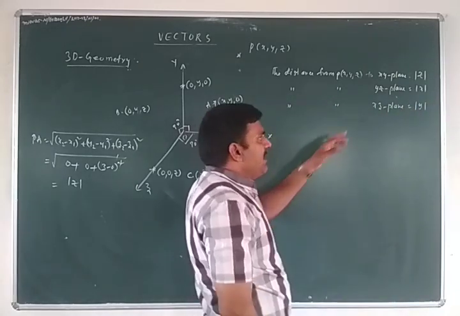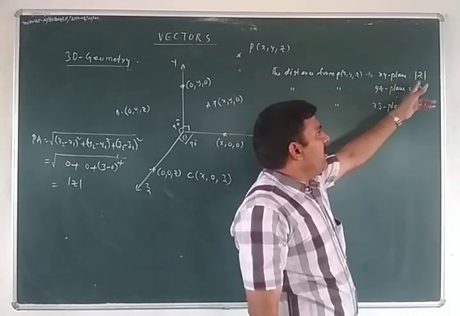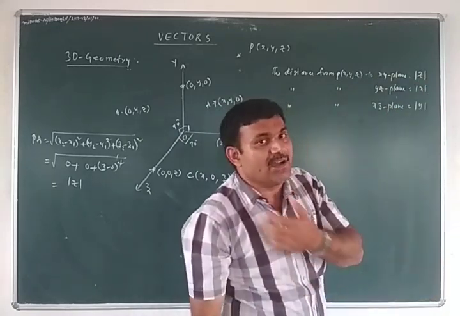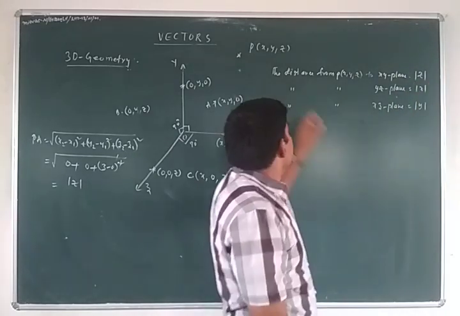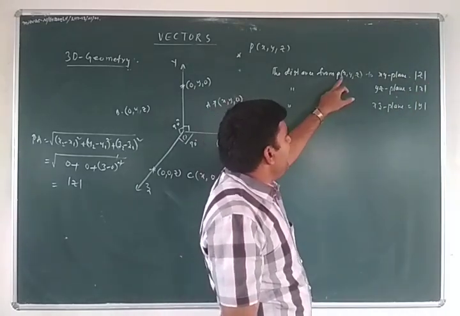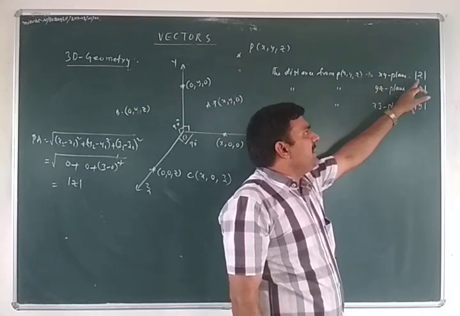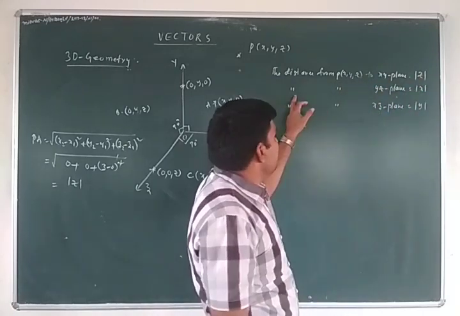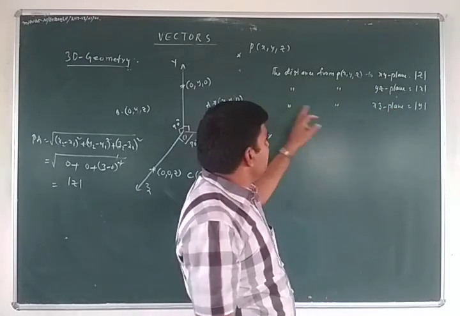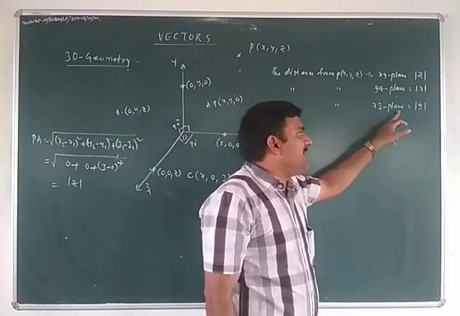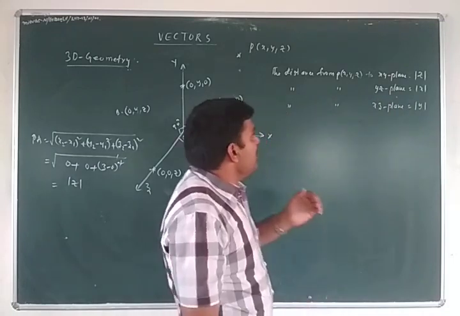Whatever value is there, write the mod value, because the distance is always positive. That's why I am applying the mod value. So the distance from P to the xy plane is mod z, to the yz plane is mod x, and to the xz plane is mod y.